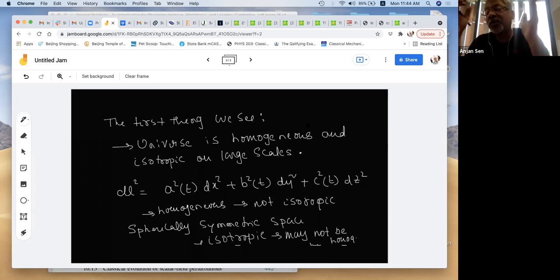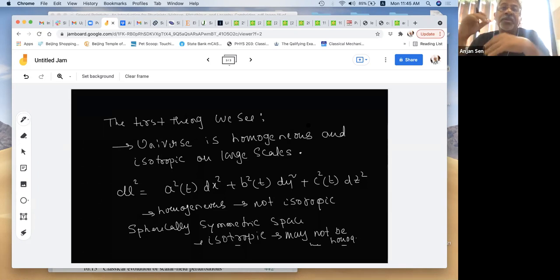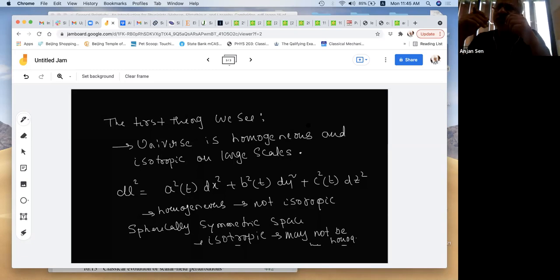Or in other words, if there is isotropy around all space locations in the universe, then the universe is homogeneous. Right? So in that sense, if there is isotropy around all space locations, then homogeneity is ensured. But other than that, isotropy doesn't automatically ensure that things have to be homogeneous.